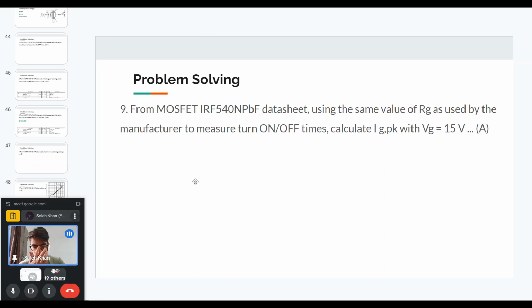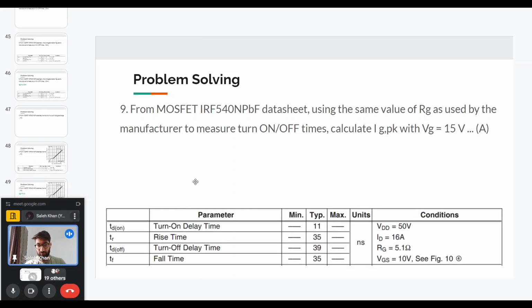Now the next question is basically, if we use the same RG value as used by the manufacturer, which we just saw is 5.1 ohm, the question is asking us to calculate the IG peak. The question is also giving us the peak value of the gate voltage, the voltage that will be the output of the gate driver. That is 15 volt.